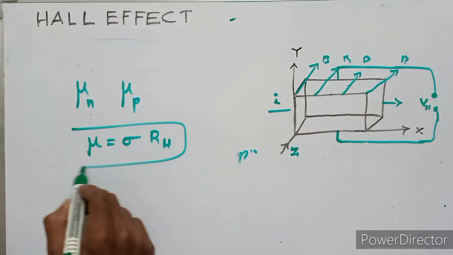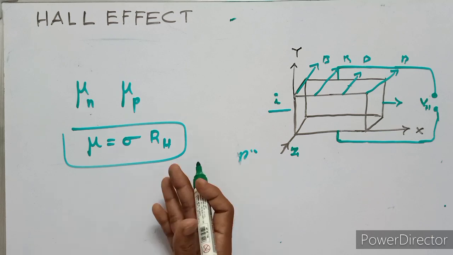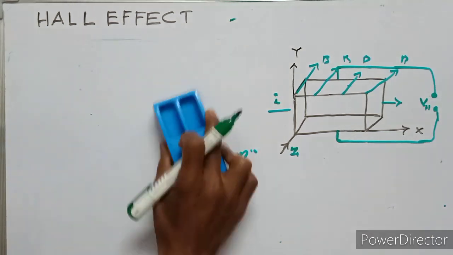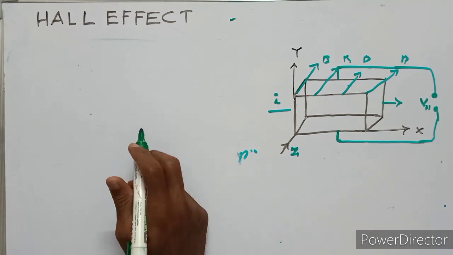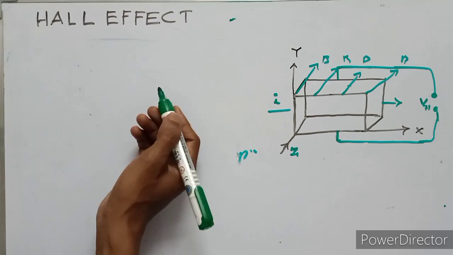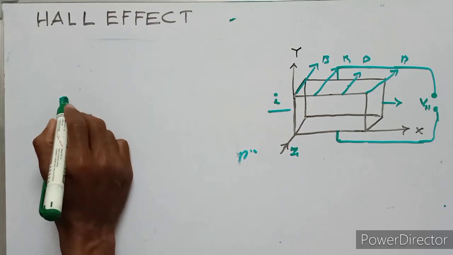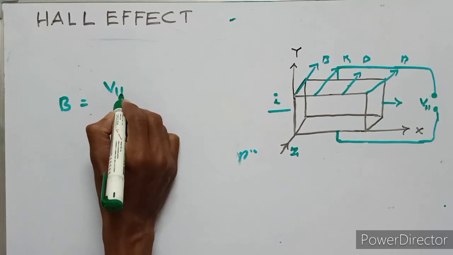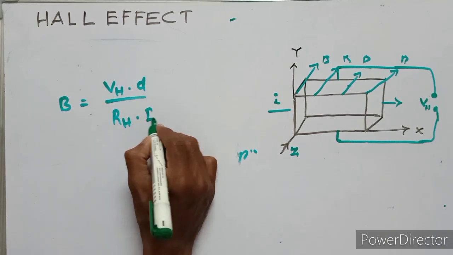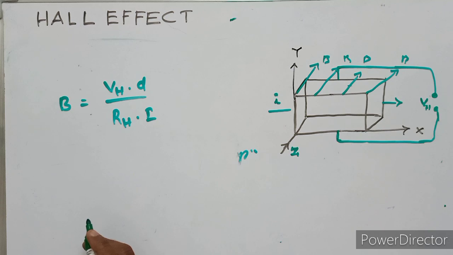So this is the mobility of charge carriers. Next, from the Hall effect, we determine the magnetic flux density: B is equal to V_H d upon R_H I. These are all applications of the Hall effect.